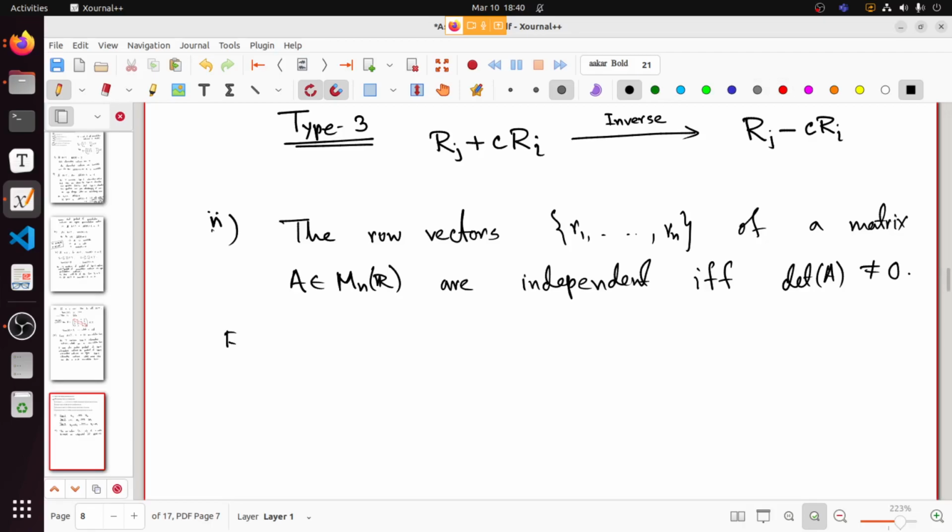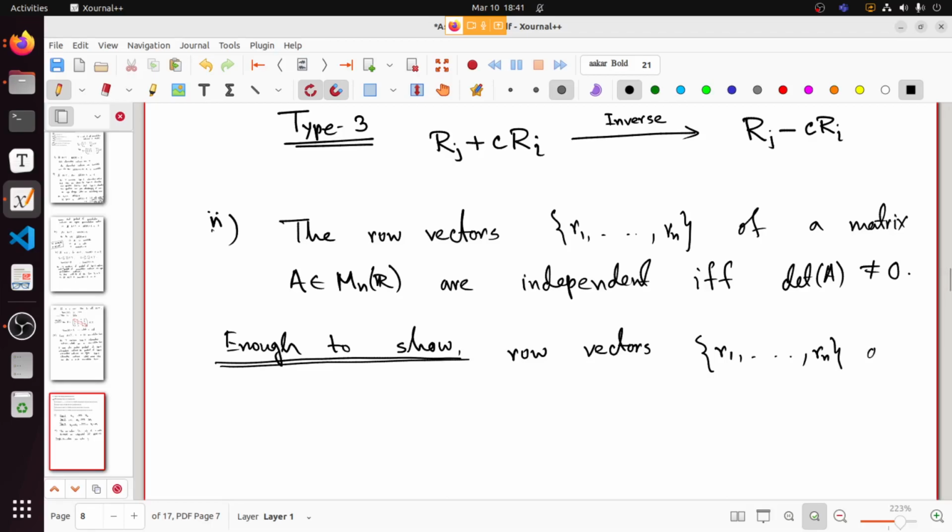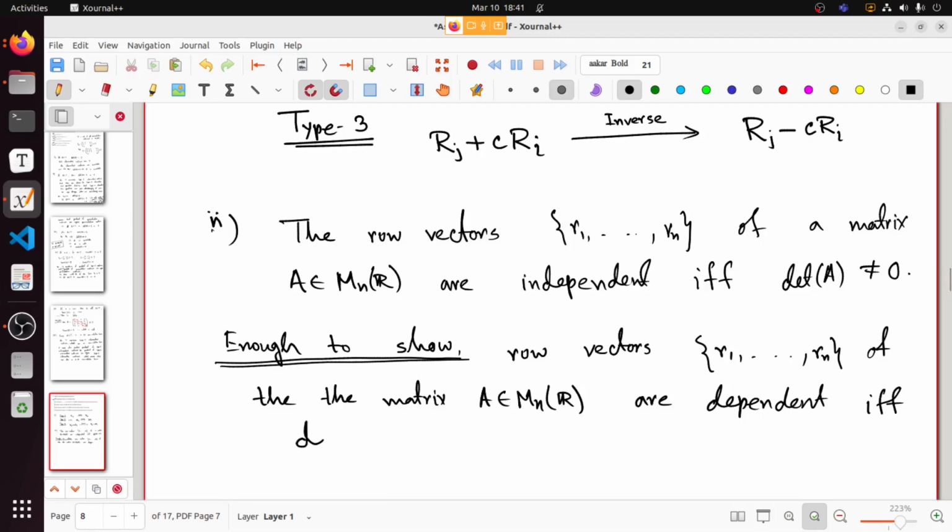So it is enough to show that the row vectors R1, R2, Rn of the matrix A belonging to MnR are dependent if and only if the determinant of A is 0, right?